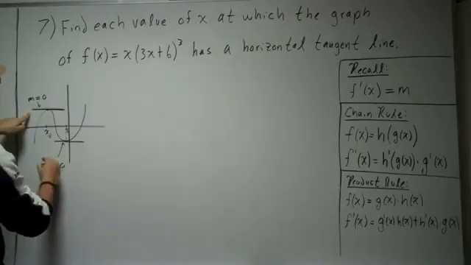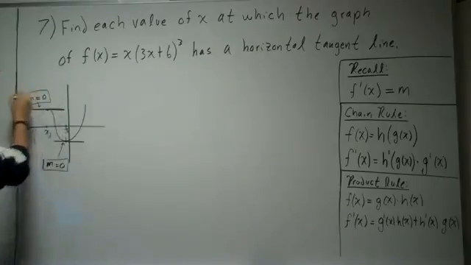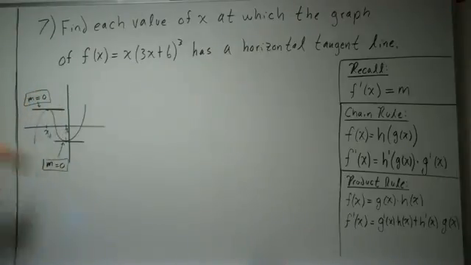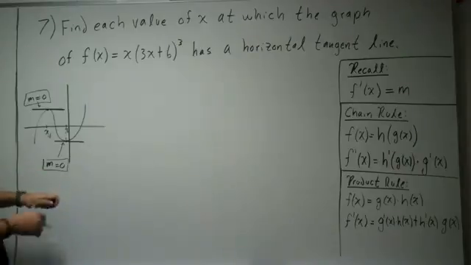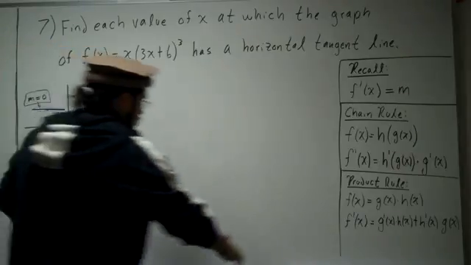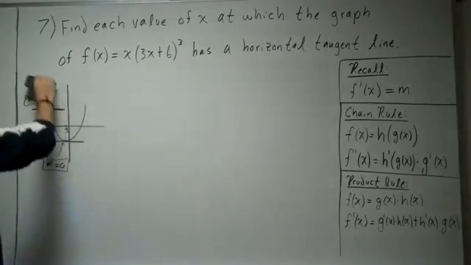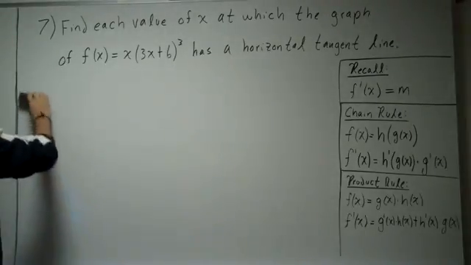Okay? So it's just an abstract graph I pulled out, and I just showed you that we need to find these x values that give us a horizontal tangent line. Okay? So I'm going to erase this. That's just an example. Let's go ahead and apply it to this.